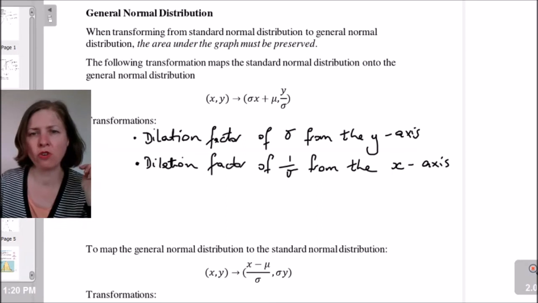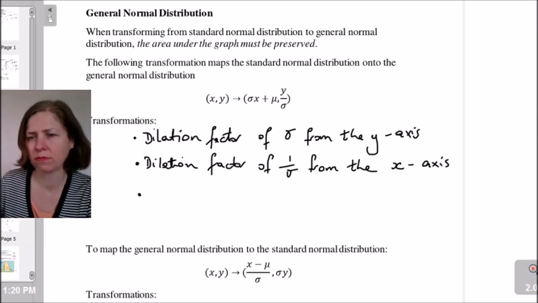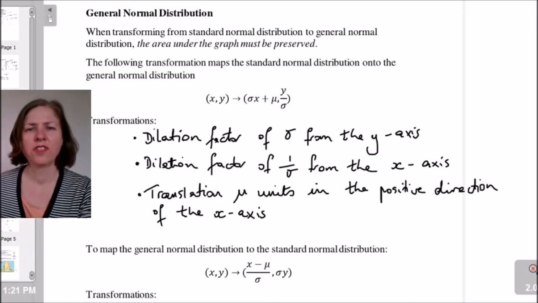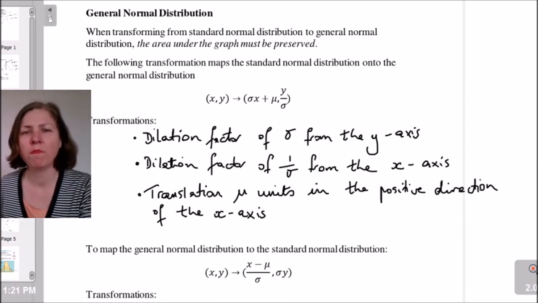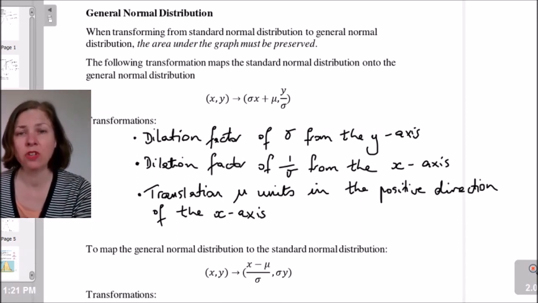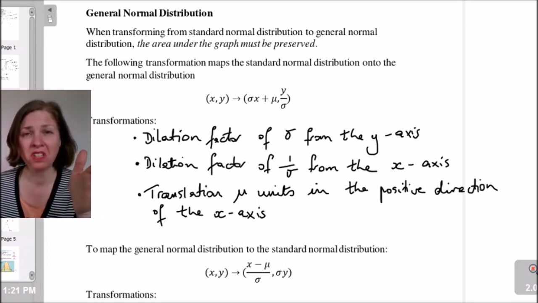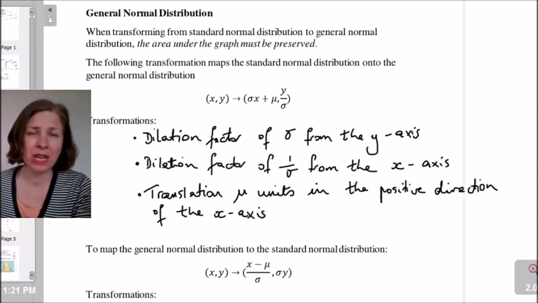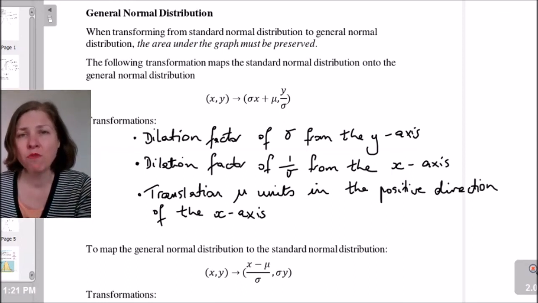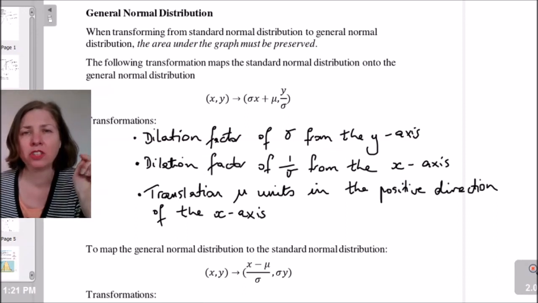Okay, that's not the only transformation. There's one more there. There is a translation. So there you can see a translation of mu, that's my mean units, in the positive direction of the x-axis. So all we're doing now is we're shifting our mean from 0. Realistically, in the real world, there aren't many things that have an average measurement of 0. And we're moving that to whatever it should be.